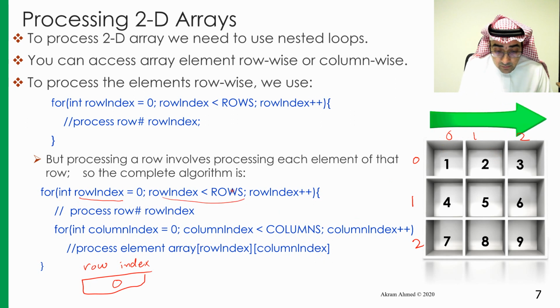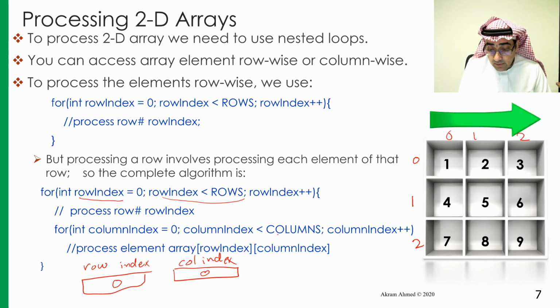It is less than the number of rows, so we go in, we find another for loop, and in it we define a column index. In the column index we also start with 0, and since column index is less than 3 in our example, we actually go in.